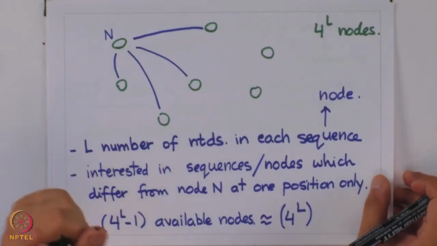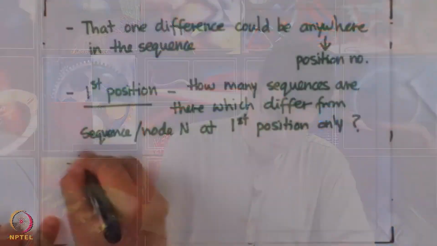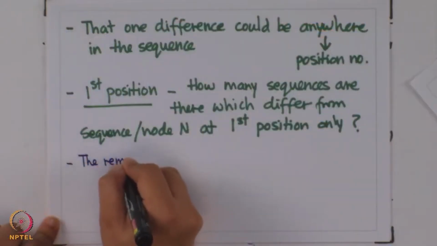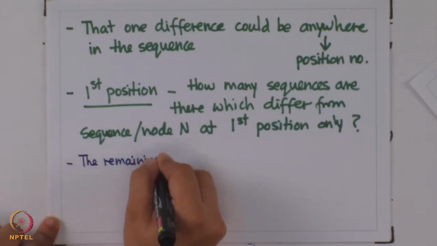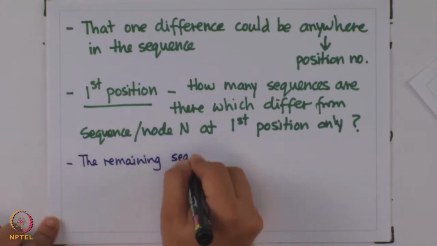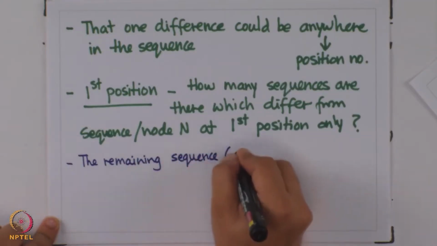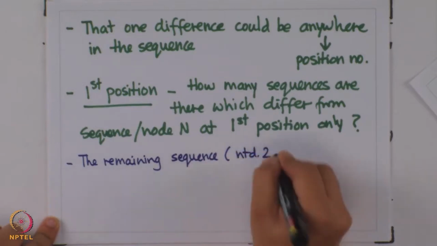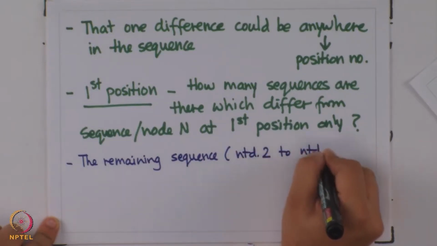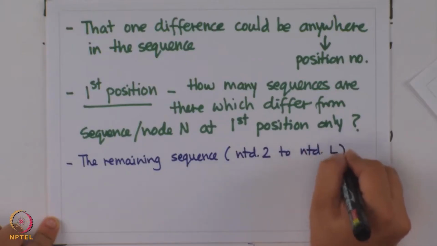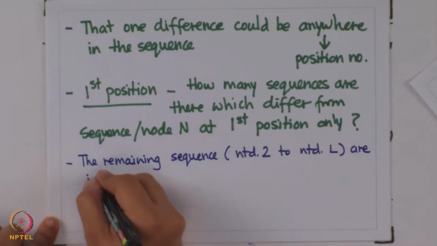So, we are going to try and do this systematically and try and identify the number of nodes which are different from the sequence corresponding to node n at position 1 only. The remaining positions, position 2 to position L, the remaining sequence from nucleotide number 2 to nucleotide number L are identical.